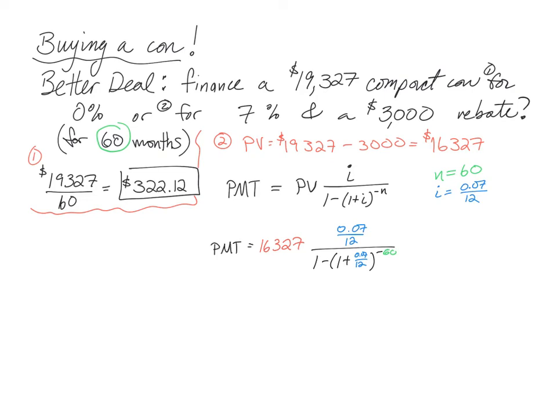So enter in the calculator to get a final answer of $323.29 per month. And at that point, you just have to look at the two different payments and figure out which one is lower. In this case, the lower payment will be the 0% for 60 months, the 0% full price car.